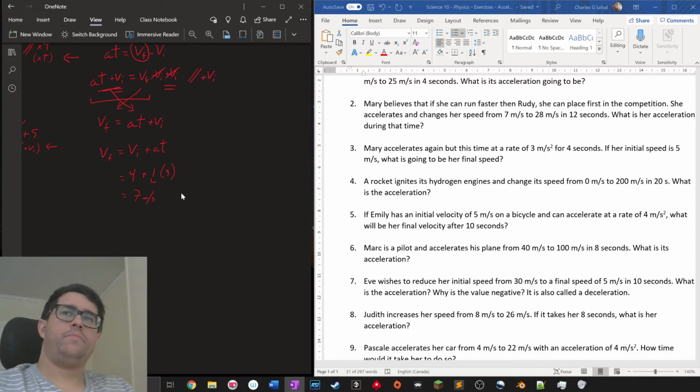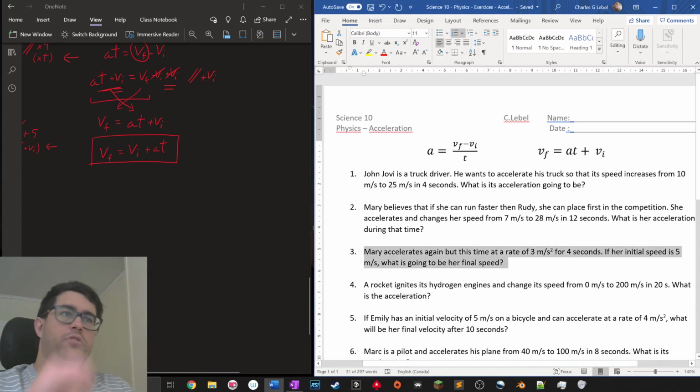Because you accelerate at 1 meter per second for 3 seconds. In our case, okay, so this formula, I've added it here in the document. VF is AT plus VI. Doesn't matter which way VI or AT is.